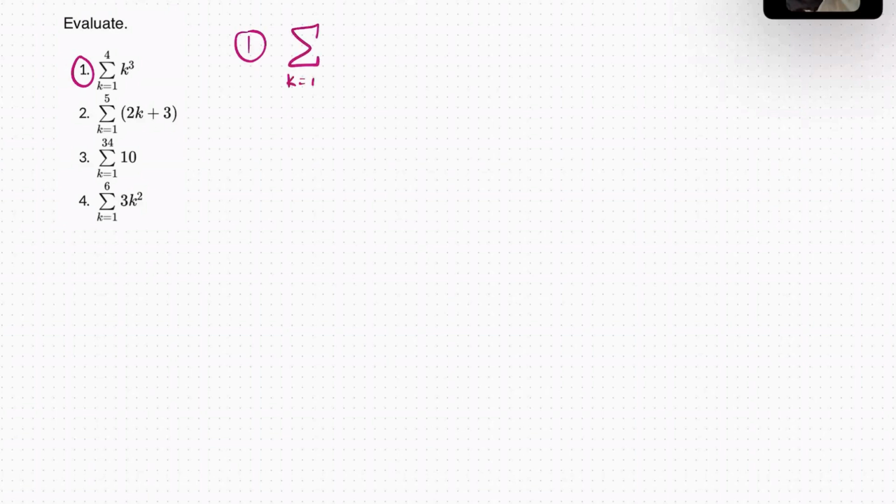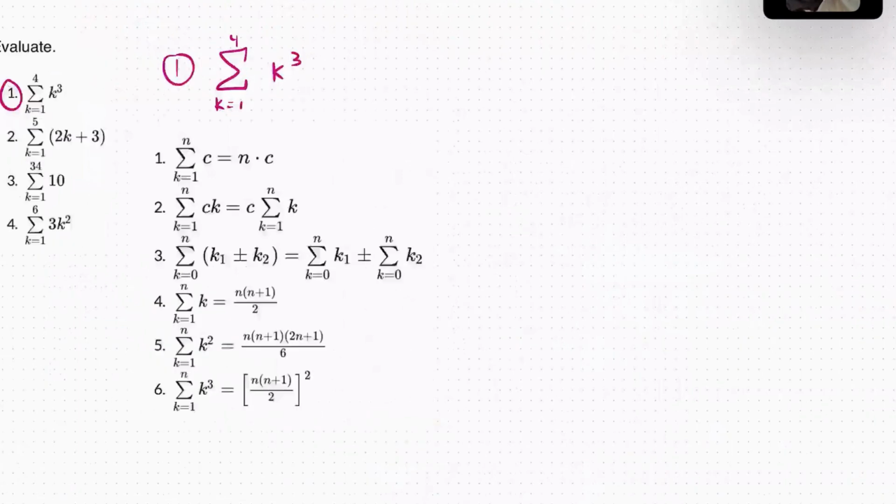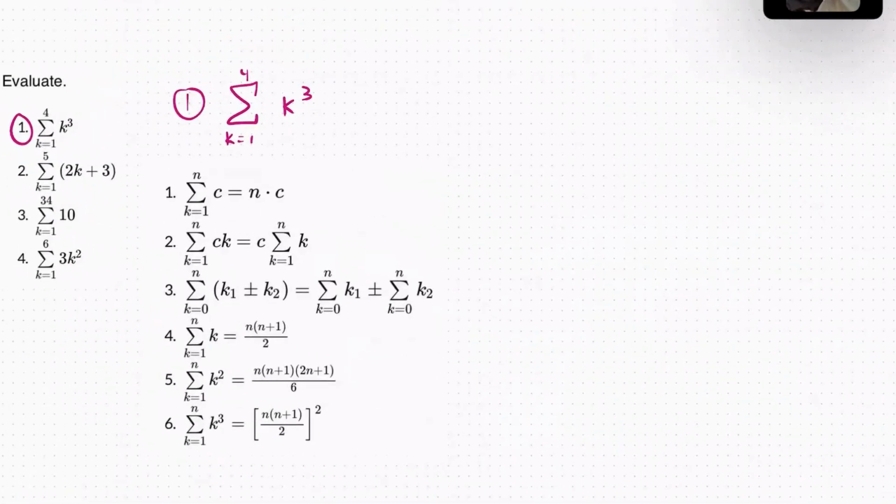The sum of k from 1 to 4 of k to the third power, and I'm also going to paste our rules just for reference. So the primary one we're going to use here, because we have this k cubed, matches this one perfectly.